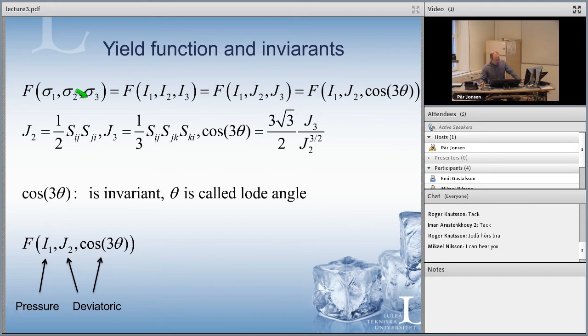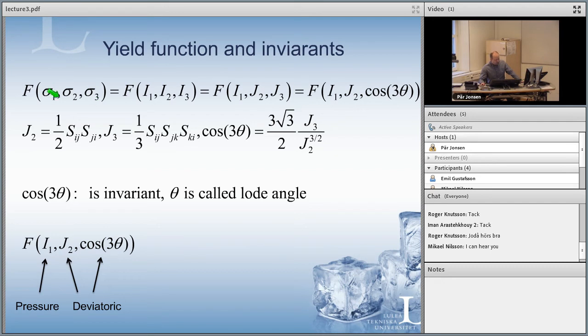So if you look at this yield function, the first invariant will give you the pressure dependency in the model. The second one will give you the deviatoric part. And the third one will give you the direction of the deviatoric part. So it's more or less a vector dependent criteria, the last one.